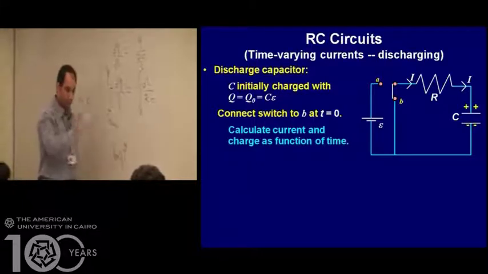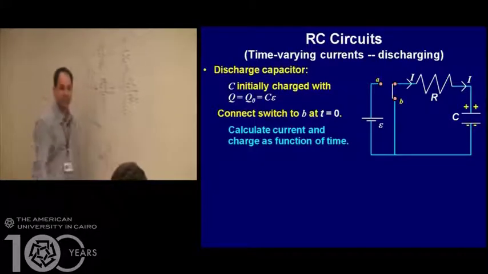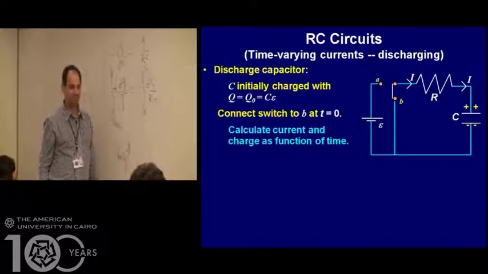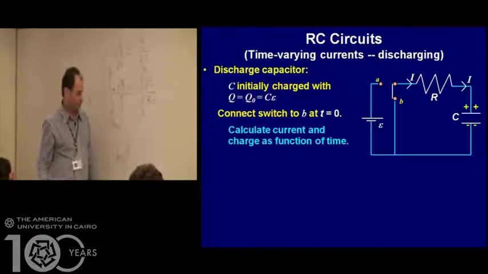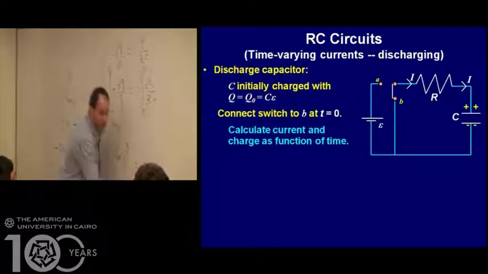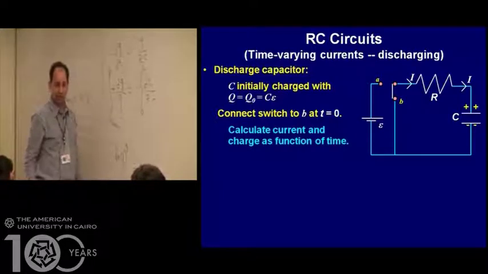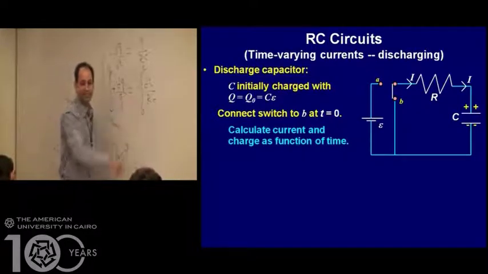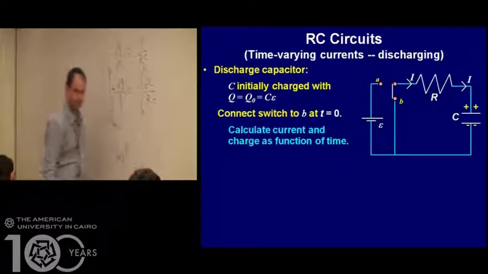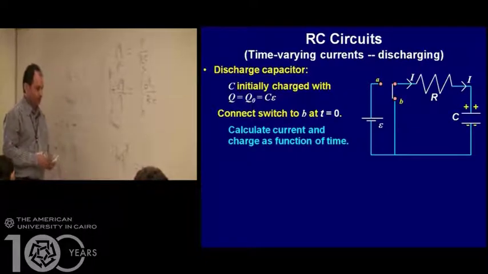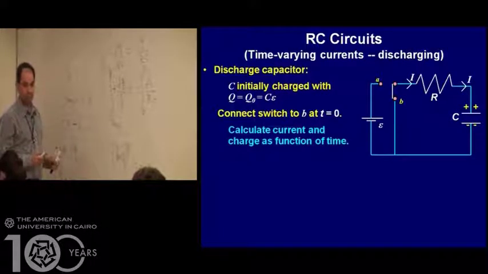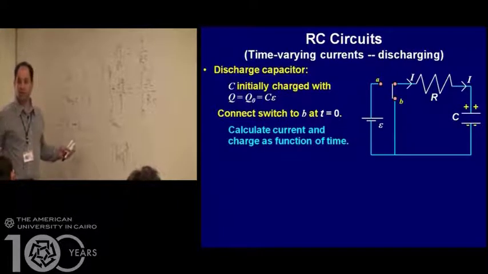Wait, just wait. Minus 1 over RC is a constant, it goes out of the integration. What is the integration of dt? Just t. Okay, guys?